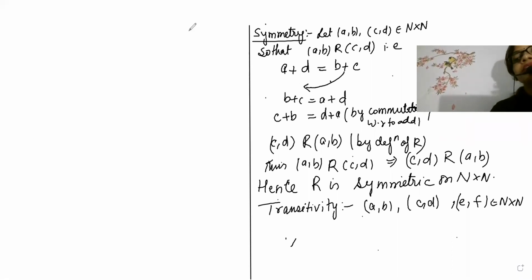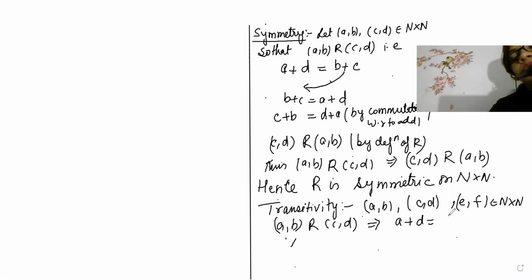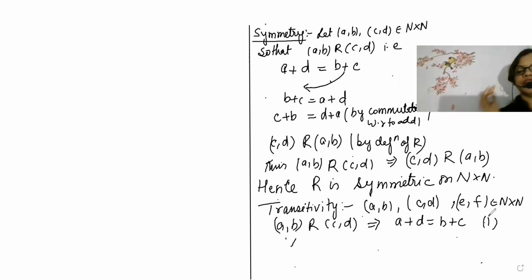So A, B, C, D, E, F are three elements of N cross N. When these are three elements of N cross N, beta, then we know AB is related to CD. Then what you are going to write is A plus D is equal to B plus C. Take it as equation 1.